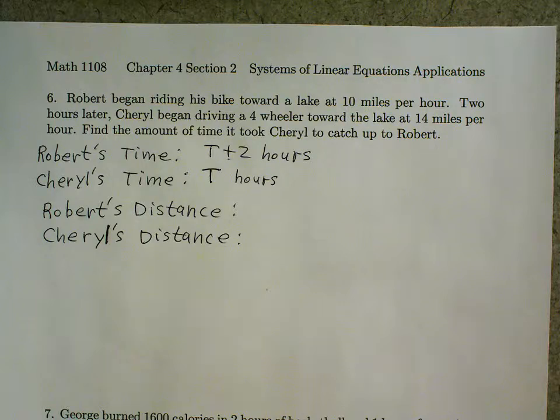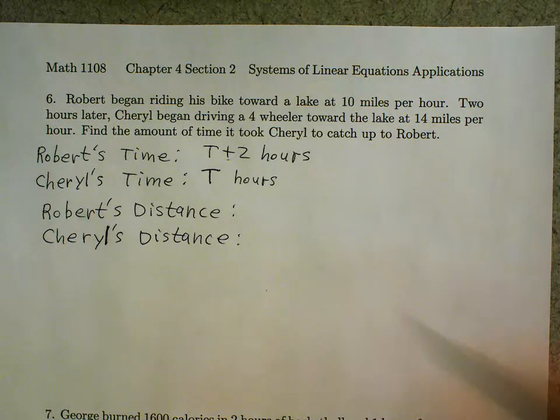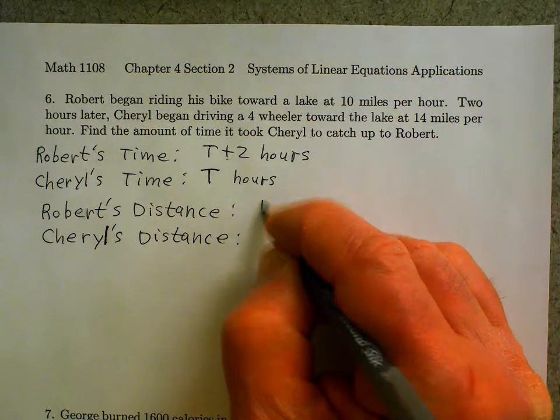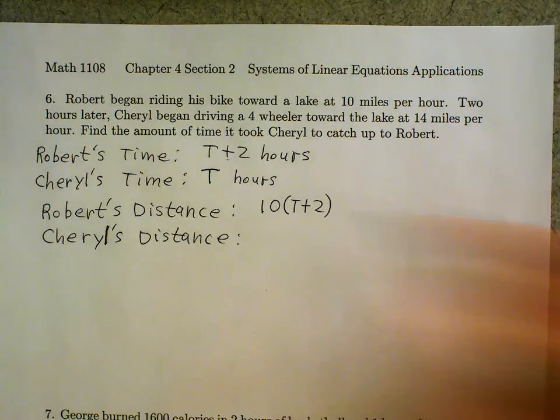And how much time did Robert take to travel that distance? T plus 2 hours. So Robert's distance is rate times time, or 10 miles per hour times T plus 2 hours.